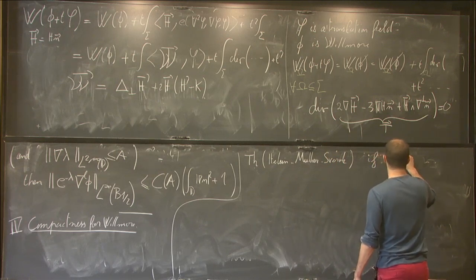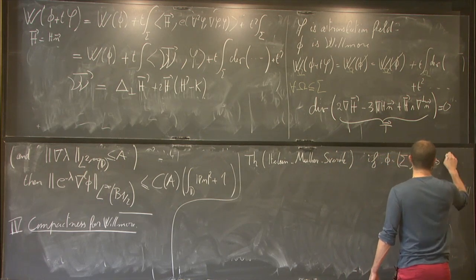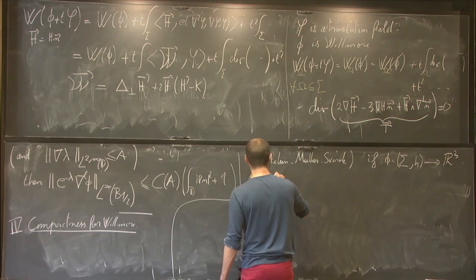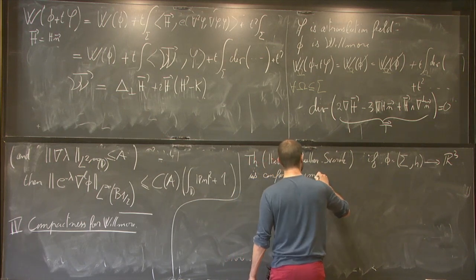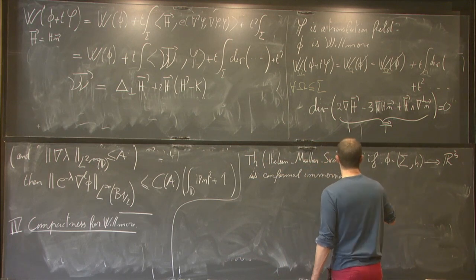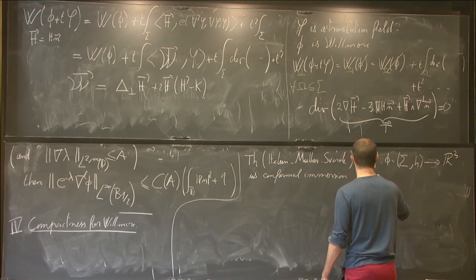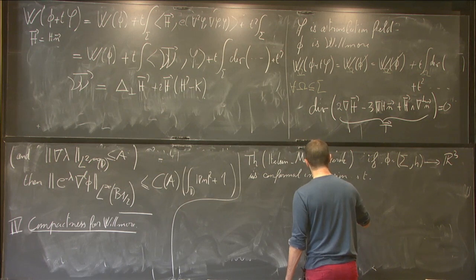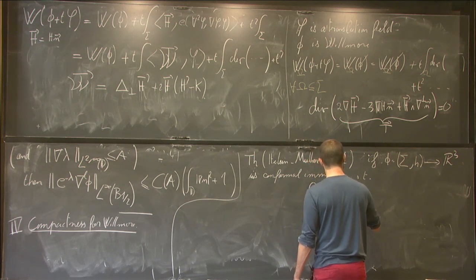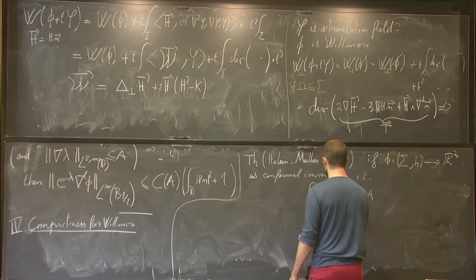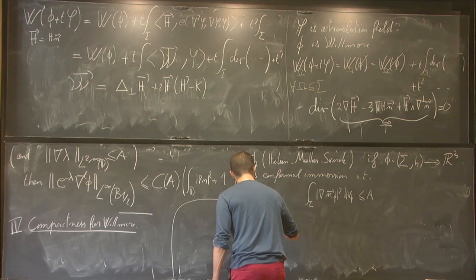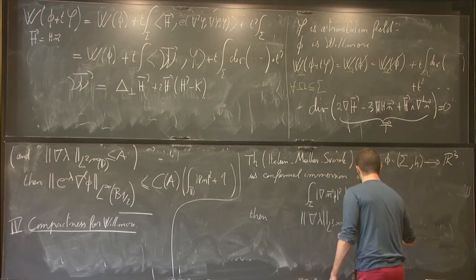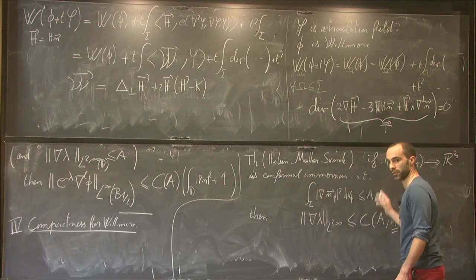If phi is a conformal immersion from a surface to R3, such that the energy of the Gauss map is bounded, then the gradient is bounded by a constant which depends on A and h, the metric of your initial surface.